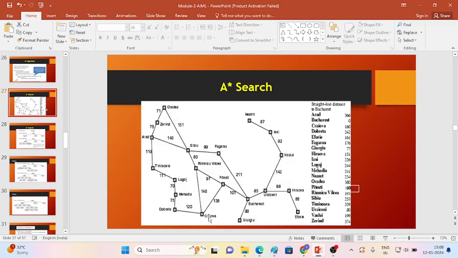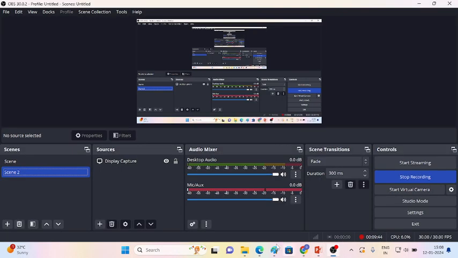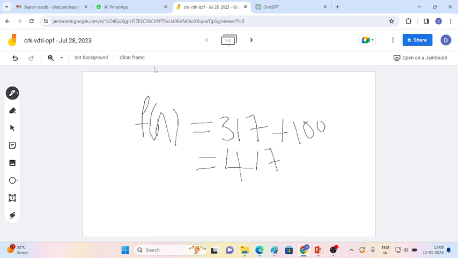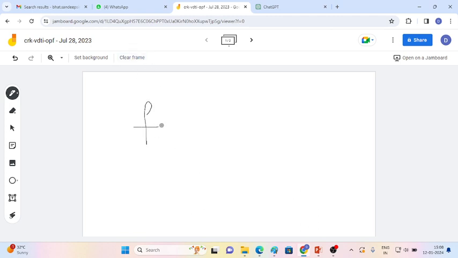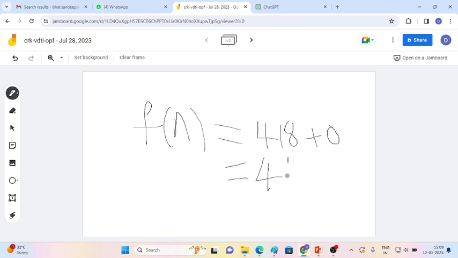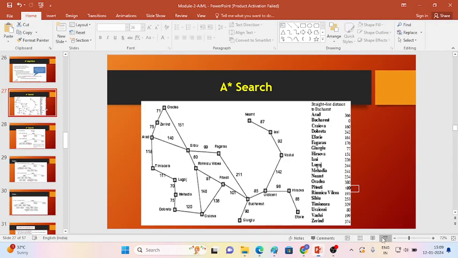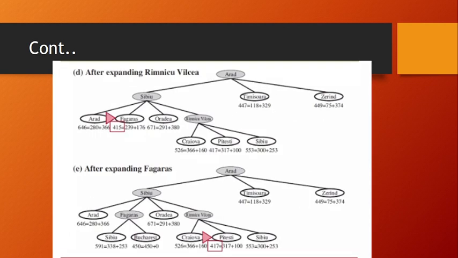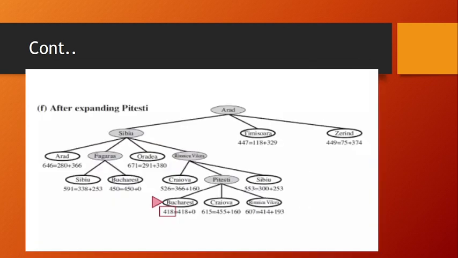Applying the formula once again, f of n equals g of n, 418, plus its heuristic value 0. So the answer is 418. Once again we verify this answer here: Bucharest, 418.